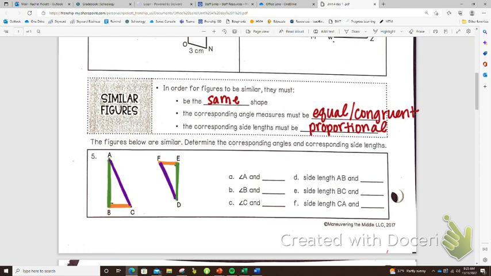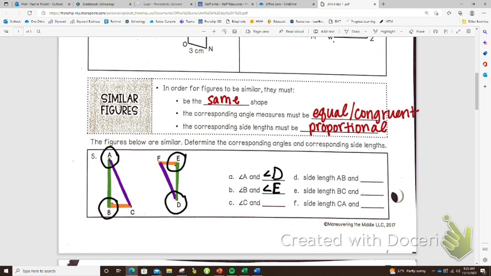So then when we go to look at which angles are corresponding, if we look on the first triangle, angle A, that's where we connected our green and purple lines, so then that has to be the same thing on the other triangle. D is what is connected by green and purple, so angle D is equal to angle A. Angle B is connected by green and orange, and so is angle E. Those are also both the right angles.